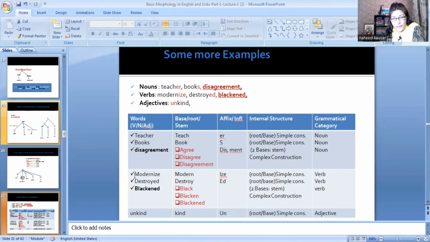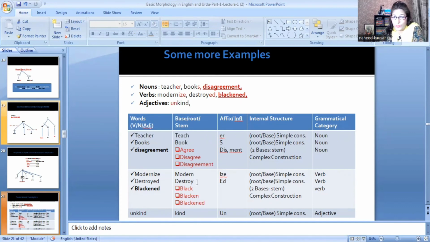In the next row, the words are taken as verbs, like modernized, destroyed, and blackened. Modernize is the verb which can be further divided into the root word modern and ize as the inflection. Again, it is a verb. Destroyed, another word or verb.